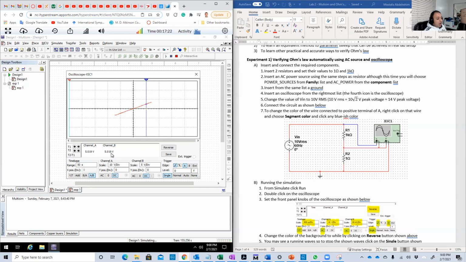Okay, so I now equals V of R2, which in that case is 5.019, divided by the new value of R2, which is 1000, not 1 ohm like here. So this will give you 5.019 millivolt.